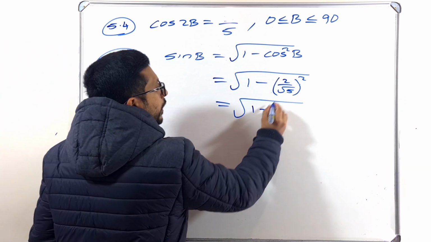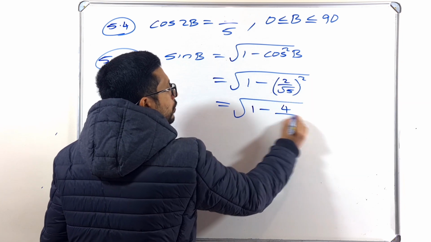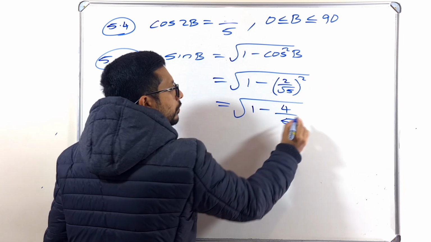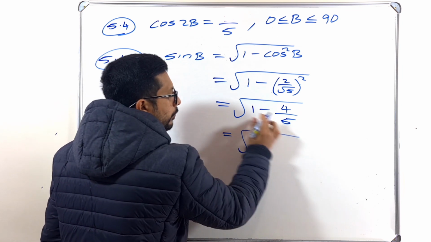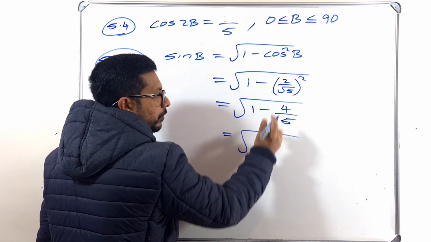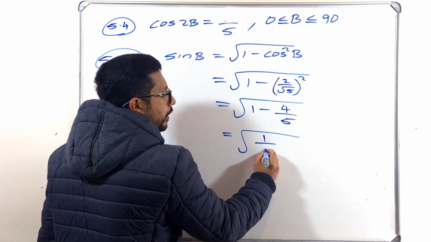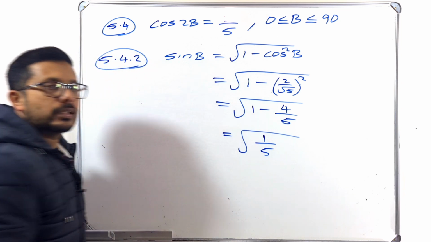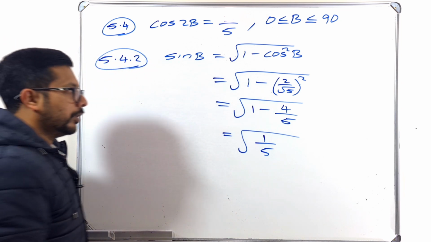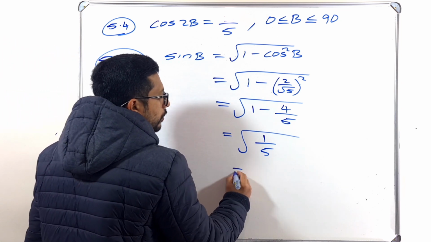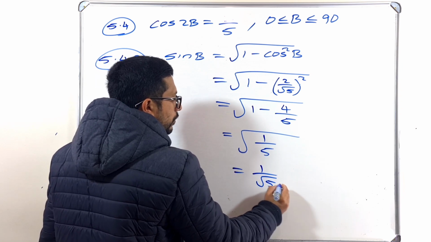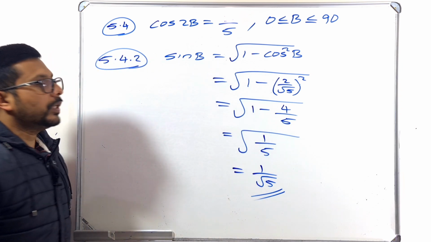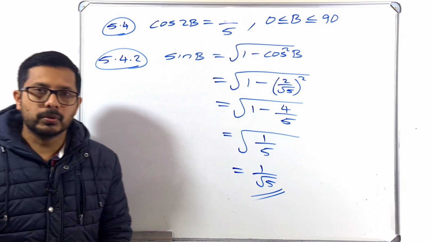What is this one? 1 minus 2 square, that is 4, root 5 square, that is 5. Now simplify this one. 5 minus 4 is 1 divided by 5. So the answer is square root of 1 divided by 5. Square root of 1 is 1, square root of 5. So sine B is 1 over root 5.